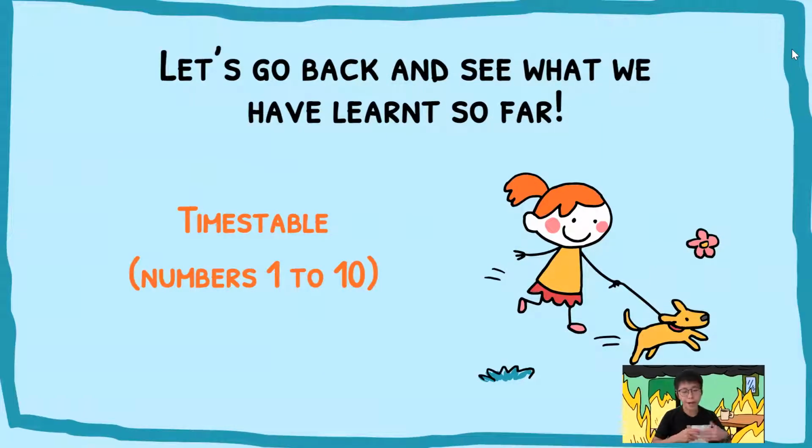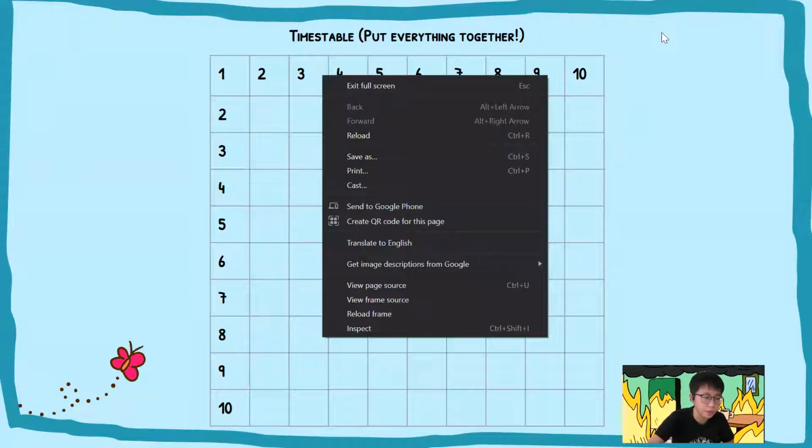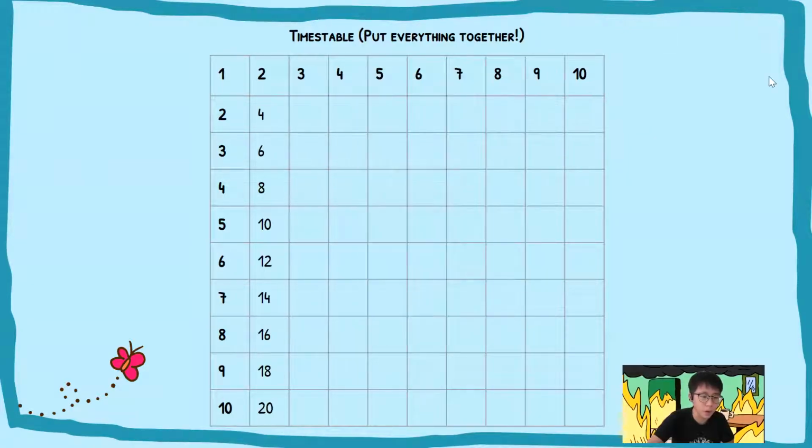Okay, so let's go back and see what we have learned so far for the times table from numbers 1 to 10. Okay, so in this row, we have numbers 1 to 10. This column, we have numbers 1 to 10. So 2 times 2 is equal to 4, 2 times 3 equals 6, 2 times 4 equals 8, and so on.